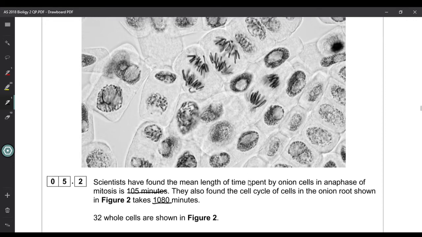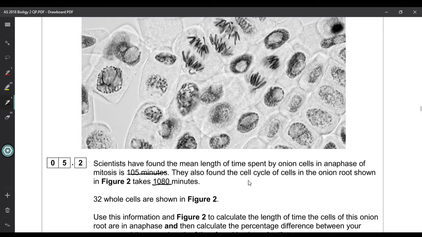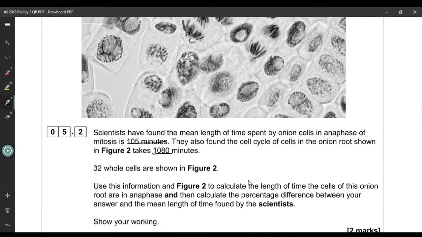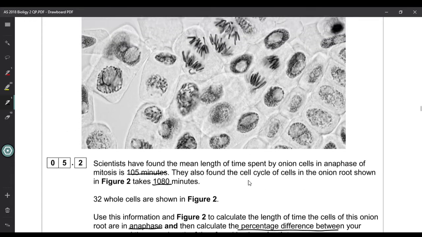So we've got 32 whole cells shown in figure 2, and it says use the information in figure 2 to calculate the length of time the cells of this onion root are in anaphase, and then calculate the percentage difference between your answer and the mean length of time found by the scientists, which we've been told is 105. Show your working.